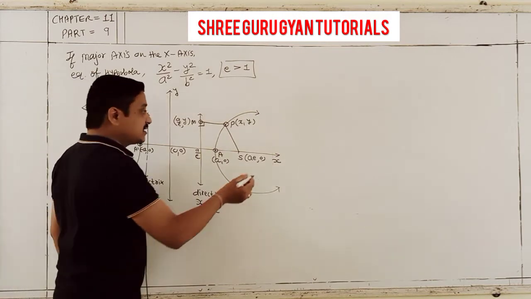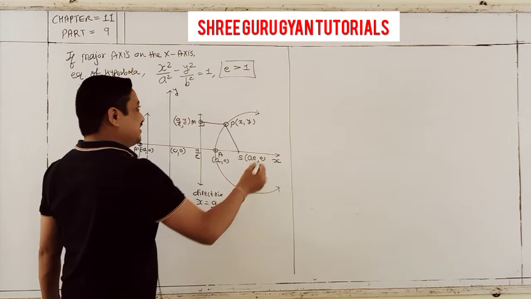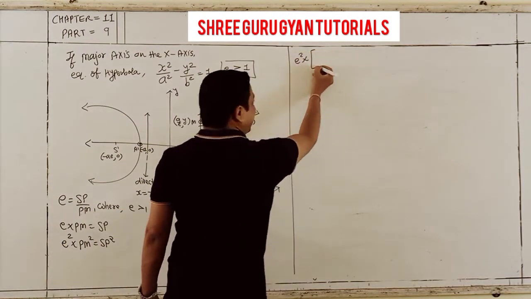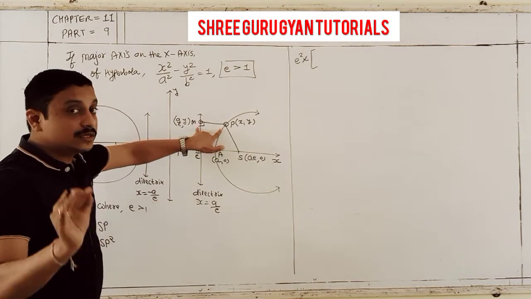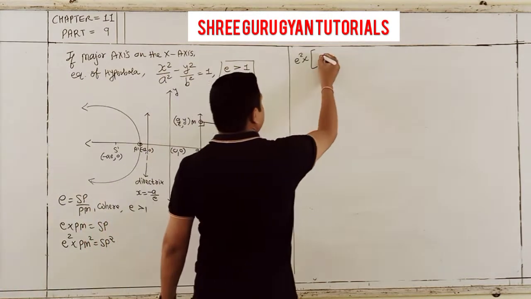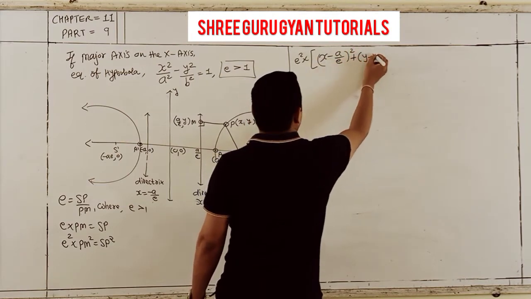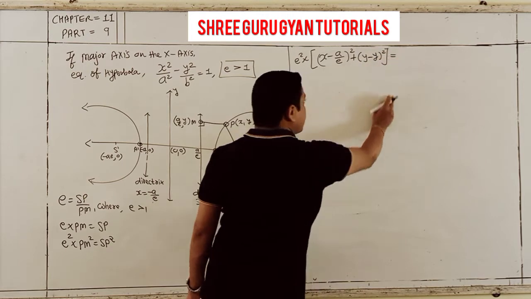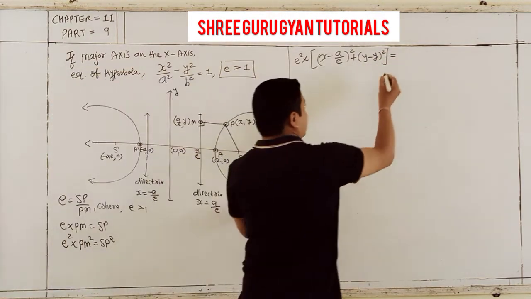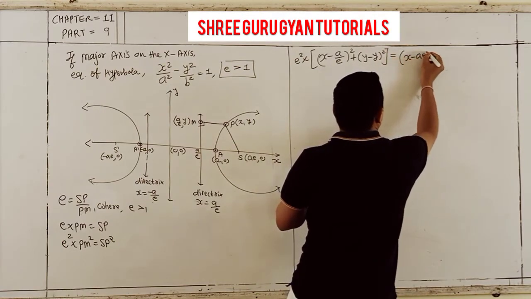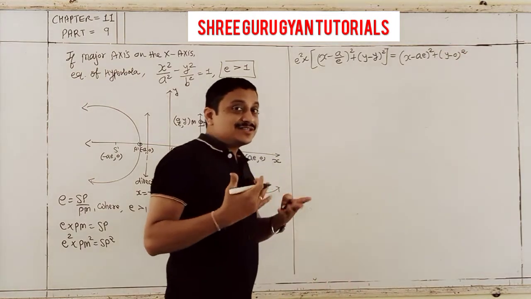And now start simply with the distance formula. e square is the same, and students, I will take now P to M. This PM distance is (x minus a by e) whole square plus (y minus y) whole square, and secondly S to P, this distance is (x minus ae) whole square plus (y minus 0) whole square, and expand in total.